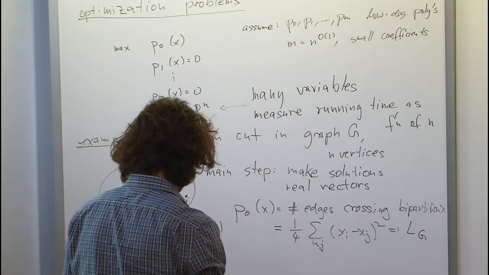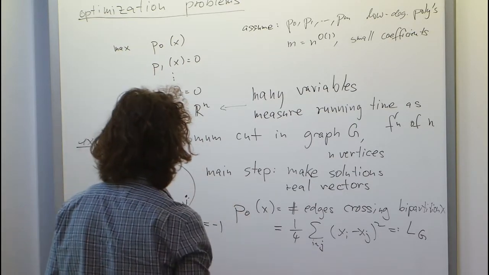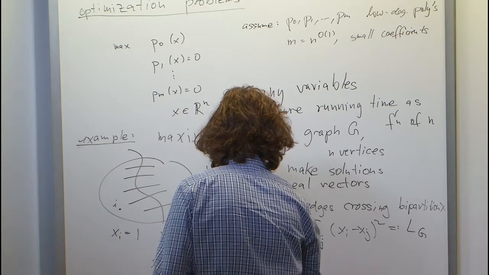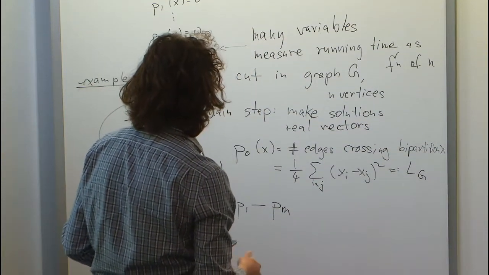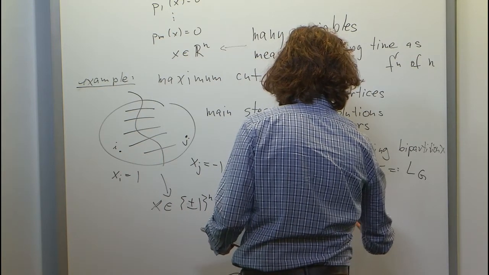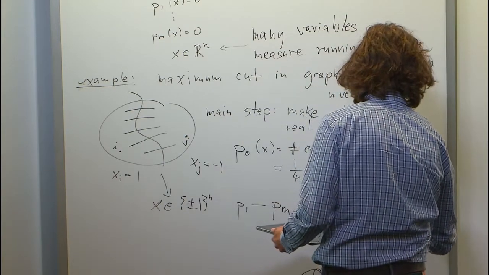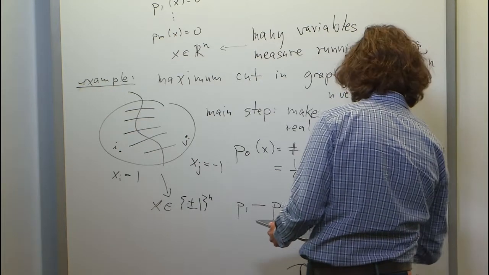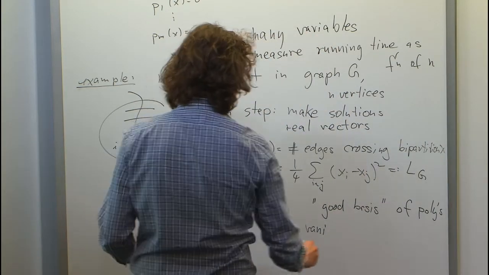Now we have to specify the constraints, and the way we choose P1 up to Pm is that we choose a good basis of polynomials that are zero over the set that we're interested in.